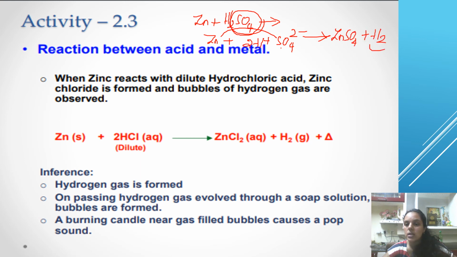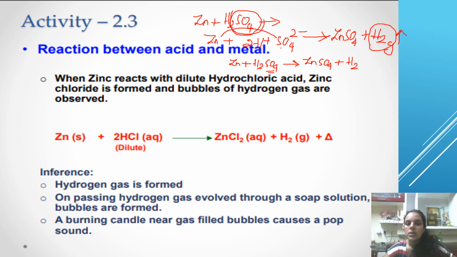This is the gas that is evolving out, that is H2. So when zinc reacts with dilute H2SO4, there is a single displacement reaction forming zinc sulfate along with hydrogen gas.